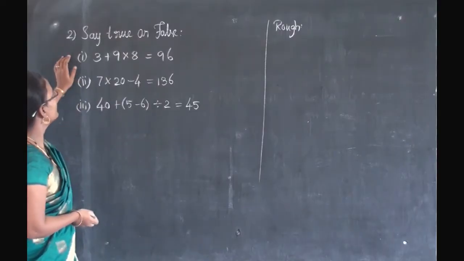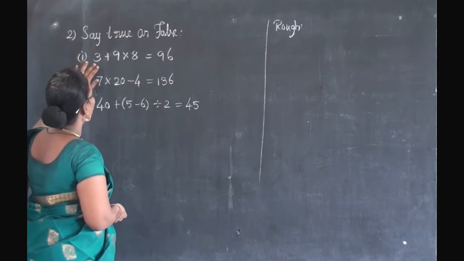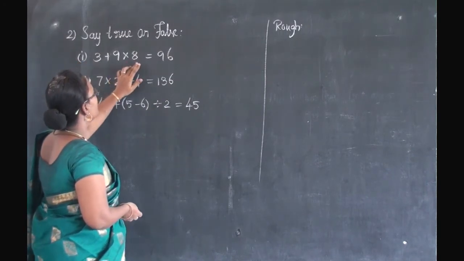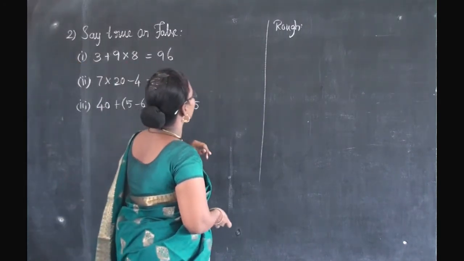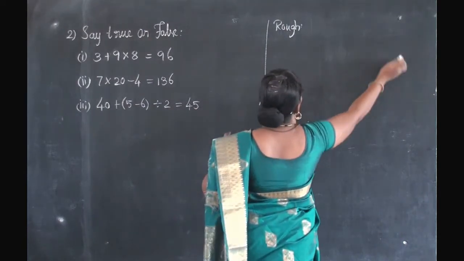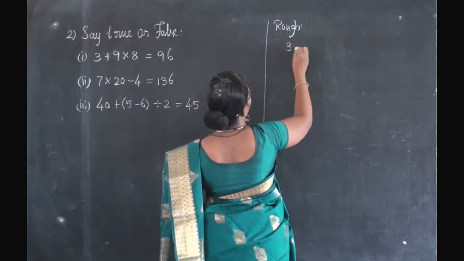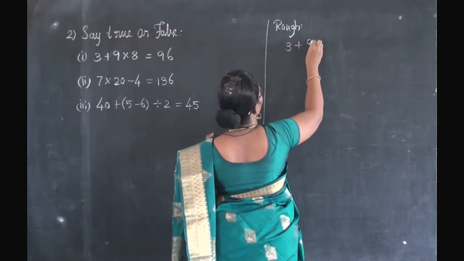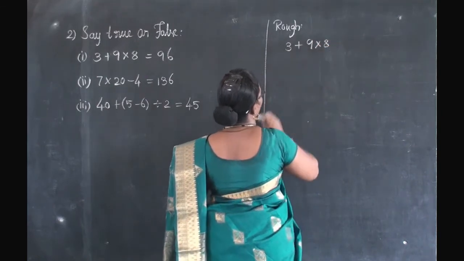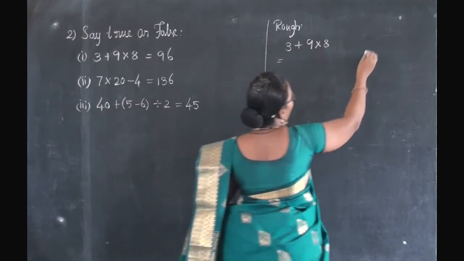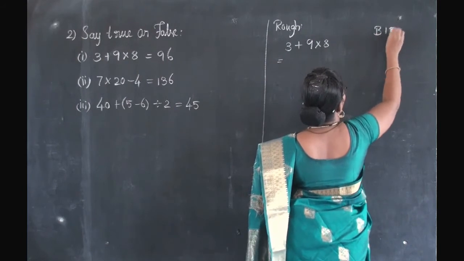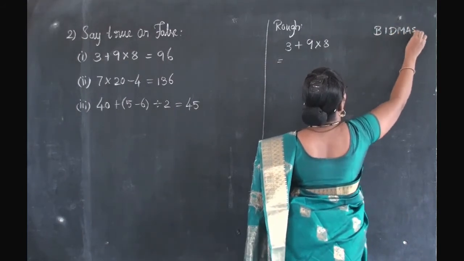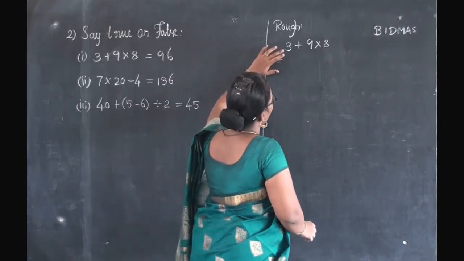Now the second one, say true or false. 3 plus 9 into 8 equal to 96. Check whether it is true or false. 3 plus 9 into 8. BODMAS.